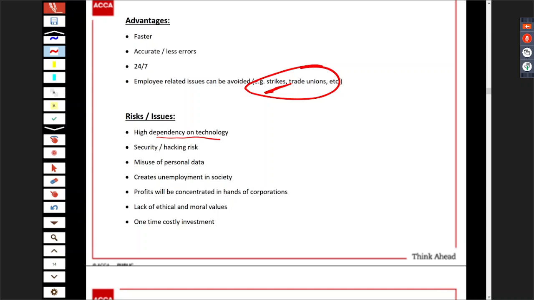There are security and hacking risks, obviously. Misuse of personal data can happen because all these machines have a lot of personal data, right? It creates unemployment in the society. Profits will be concentrated in hands of large corporations. Lack of ethical and moral values.